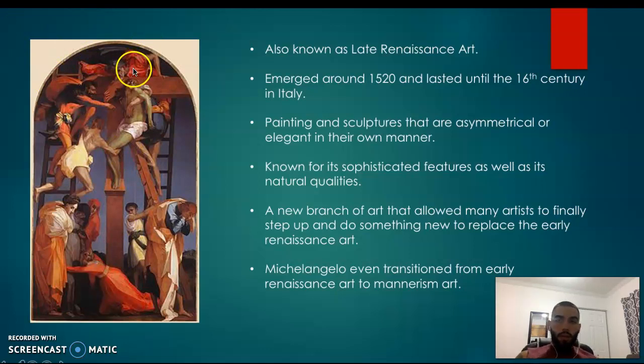It could also be sophisticated, but it's sophisticated in its own manner that wasn't necessarily normal for the people back in the day. This is just a new branch of art that people were trying to hop on board with, to see if they could do something new. Even an artist like Michelangelo, who used to be an early Renaissance artist and made magnificent paintings, tried to transition into Mannerism at some point.